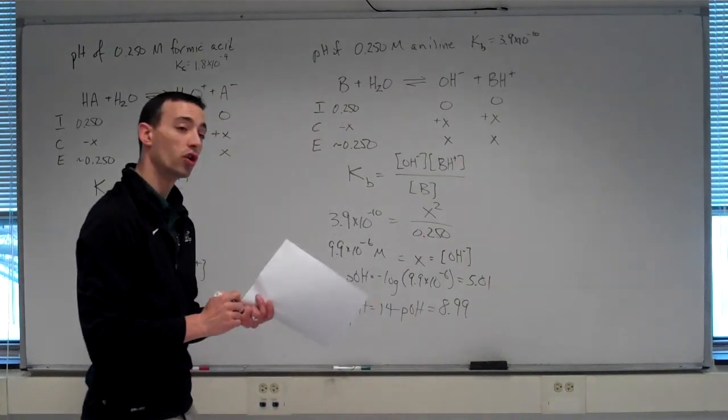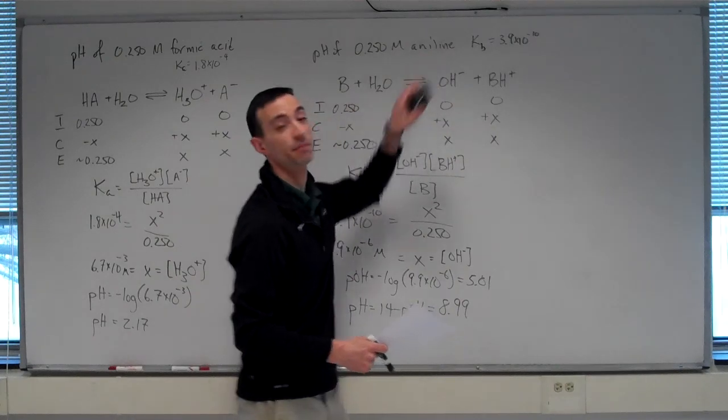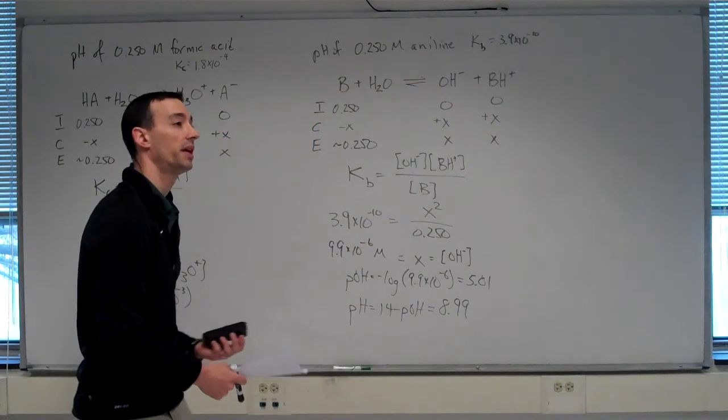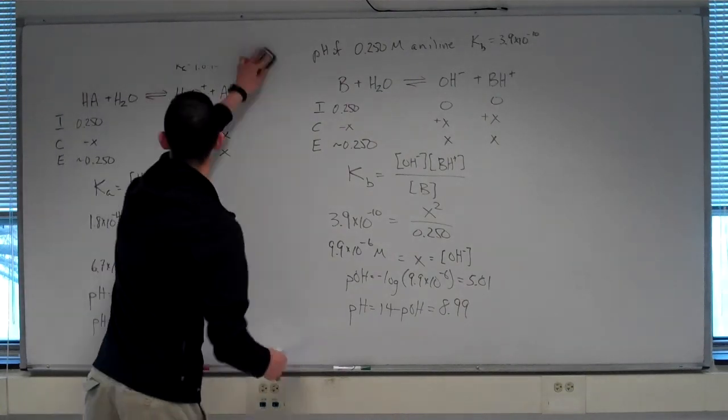Again, there should be that internal consistency. Once you've identified the aniline as a basic substance, you know your pH should be greater than 7 for that solution.